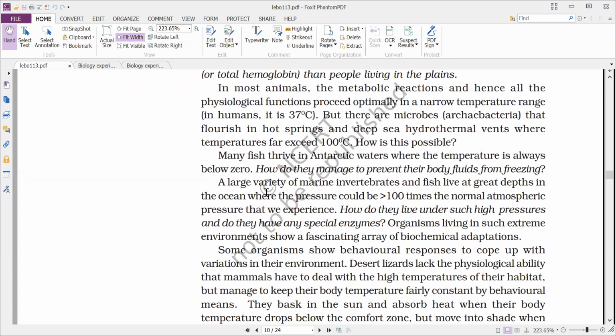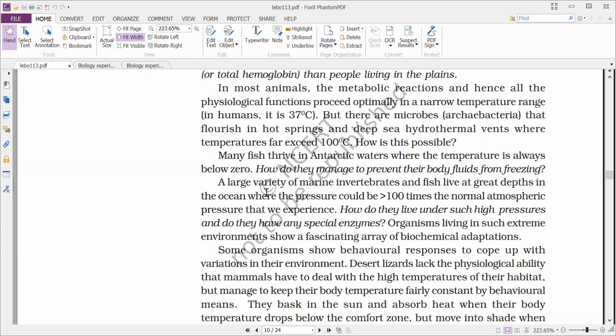When the temperature is optimal at 37 degrees centigrade, only then will we be active and able to perform all the activities. That is the optimum temperature.